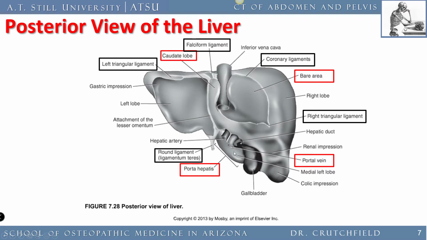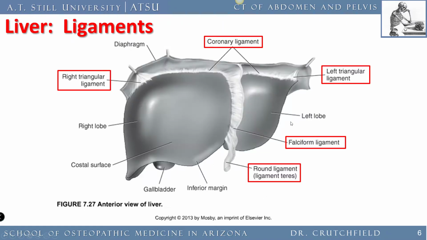And then, of course, we have the porta hepatis, which is made up of three anatomical structures: the hepatic artery, the portal vein, and the hepatic duct are together called porta hepatis, or the portal triad. Now, they've shown us the left triangular ligament here, and then they say the right triangular ligament goes way down here, but that's not really what it looks like on our previous slide, does it?